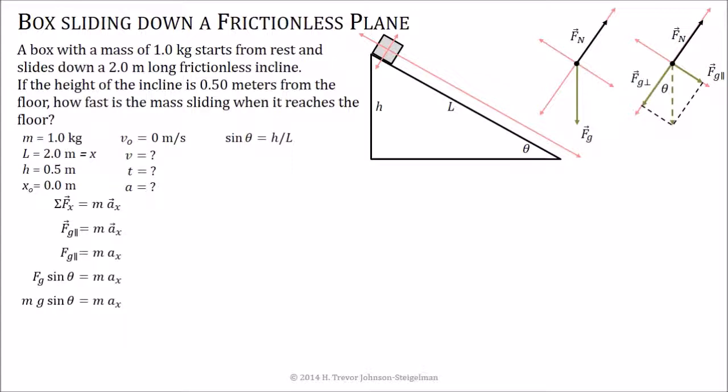And of course, the force of gravity is just mg. And I'm using g as just positive 9.8 here. I'm not putting in any other value for it as far as the sine is concerned. The sine is already taken care of by the setup of the problem.